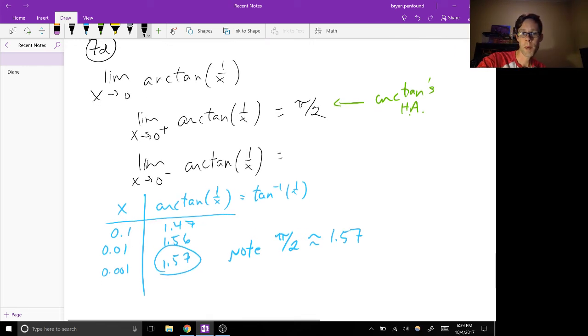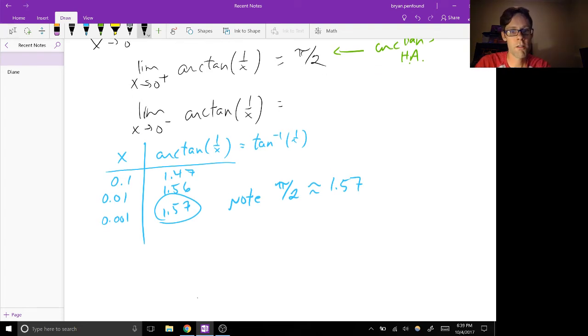So let's repeat the process for values that are a little bit smaller than 0. So maybe like negative 0.9, negative 0.99, negative 0.999. And we'll see what's happening with the arctan function over on the other side.